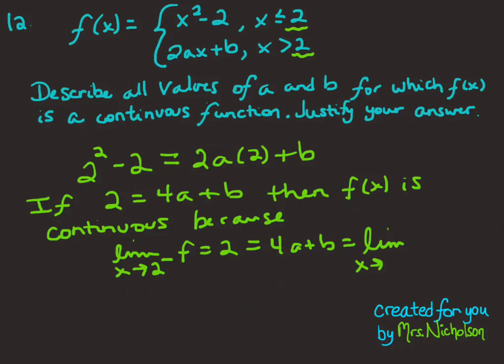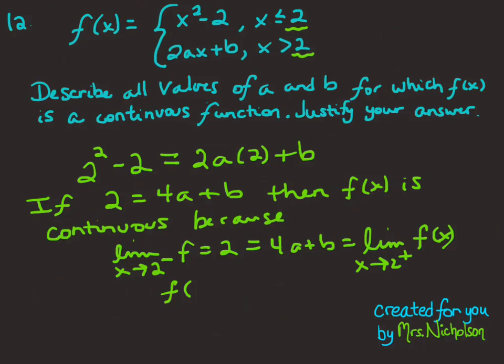Oh wait, not a. I meant for that to be 2 from the right. So we need the limit to exist, which means the left and the right-hand limits need to be the same. And they would be the same because we set it up that way. We set it up for the two pieces to be equal.